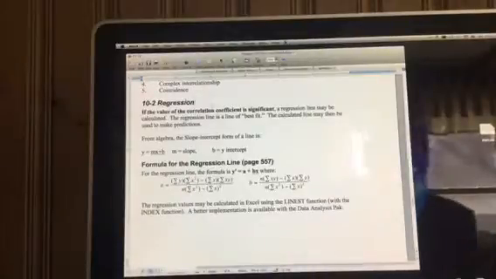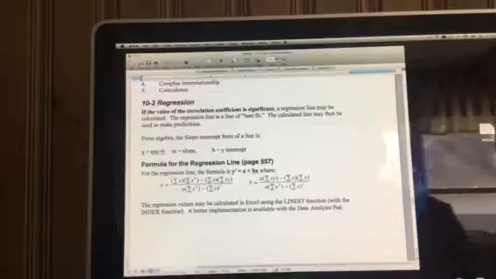In this video, we'll be looking at calculating the regression line for a positive relationship. First off, the formula for a regression line is y prime equals a plus b times x. In this formula, y prime is the calculated value for y, so this is the value we calculate for the dependent variable.